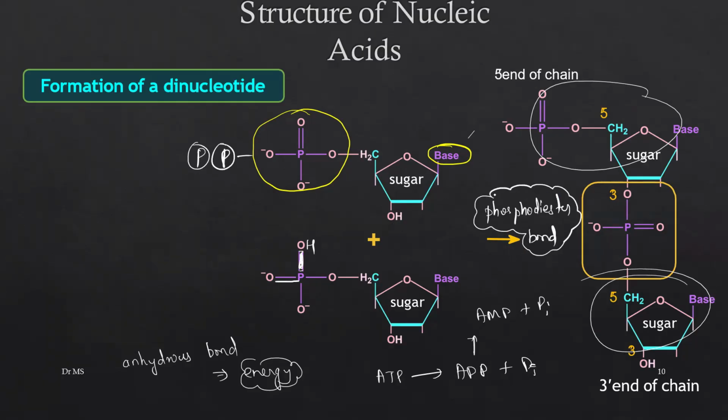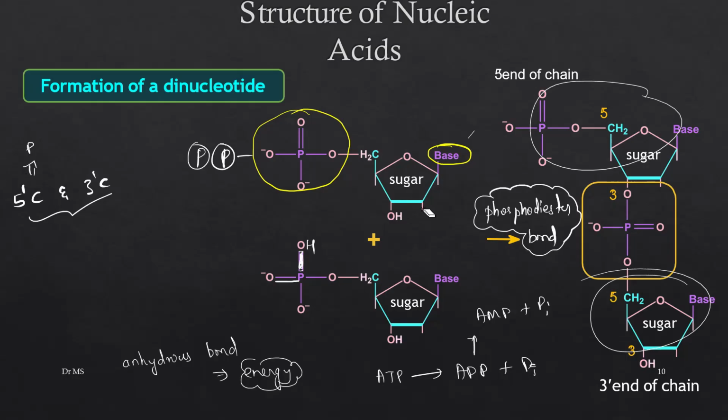Is that clear? How has the phosphodiester bond formed? Or you can say this is a phosphodiester linkage. So the phosphodiester linkage will happen between the fifth carbon and the third carbon of the pentose sugar. Fifth carbon, because if you see here, this phosphate group is present on the fifth carbon.